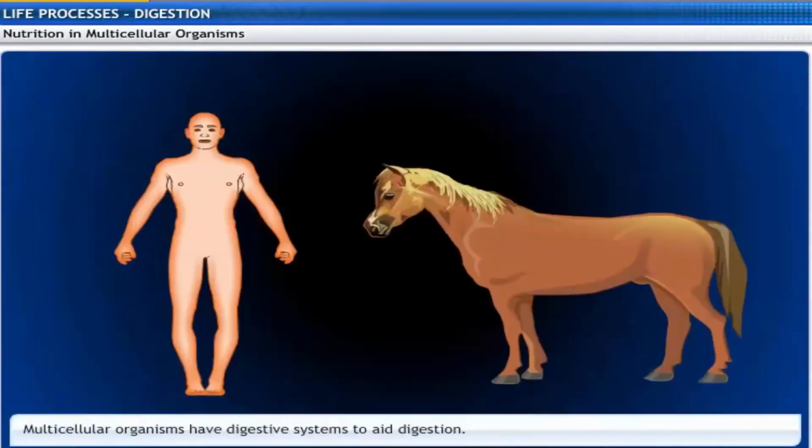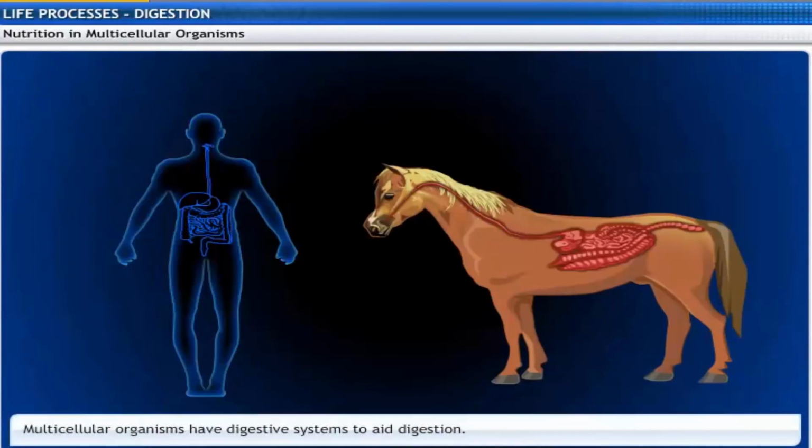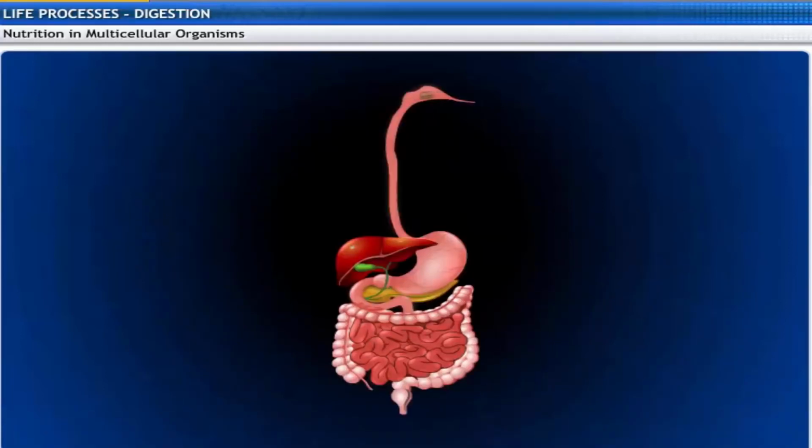Multicellular organisms have specialized and complex organs for digestion, which form a digestive system. In the digestive system, food is taken in, broken down into a simpler form, and absorbed, and the waste material is thrown out.